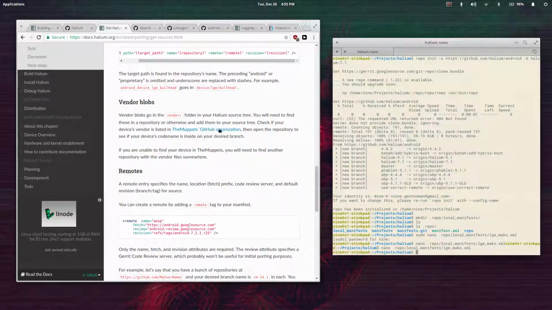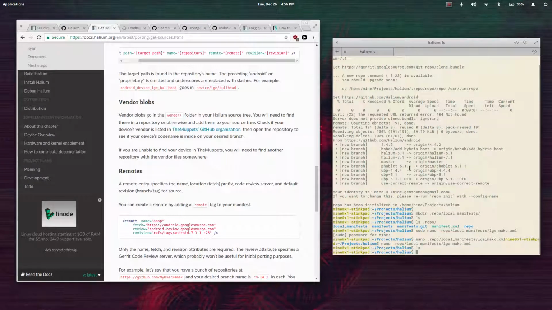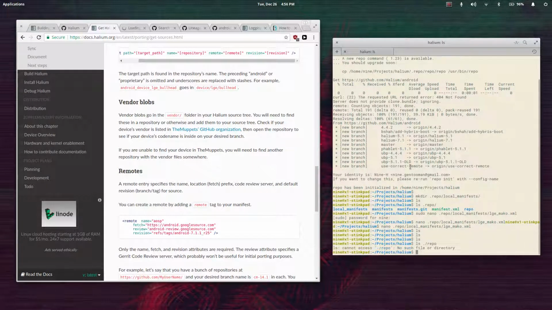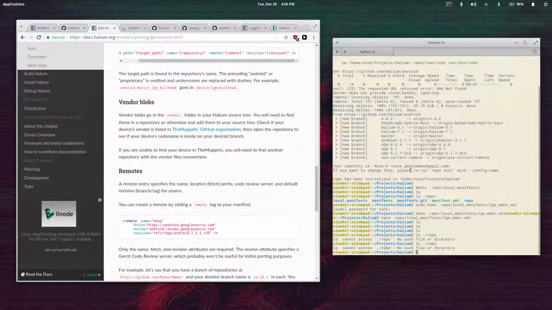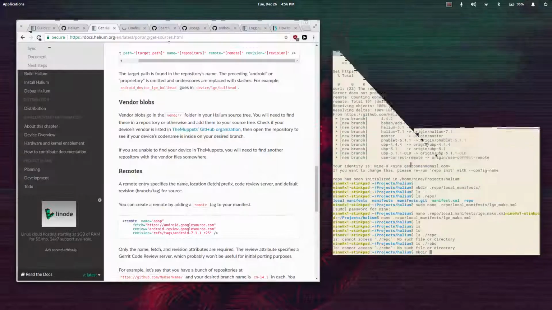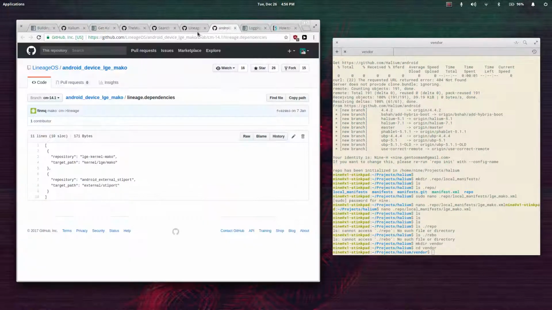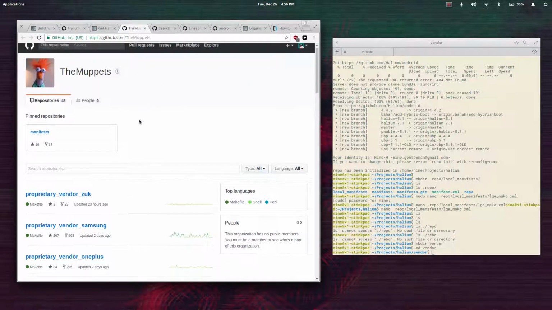Okay, vendor blobs. Okay. The Muppets GitHub organization.